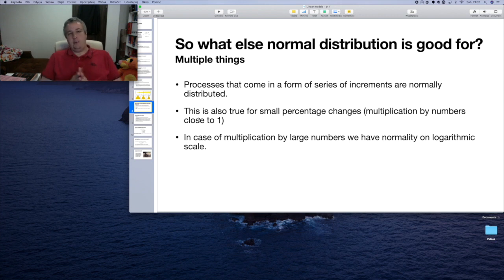For numbers close to 1, we can approximate log-normal and normal with one another. If you compute the logarithm, then instead of a series of multiplications, it will be a sequence of additions, and these additions will be normally distributed. So on the logarithmic scale, you will still receive the normal distribution.